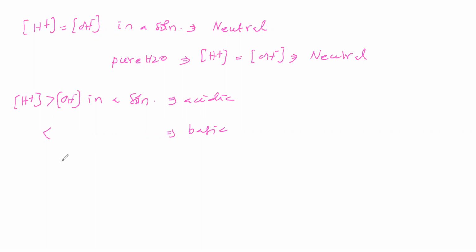So whatever the temperature, to decide whether the solution is acidic, basic or neutral, we have to compare the concentration of H plus and OH minus. If they are equal, then neutral. If H plus is high, then it is acidic. If H plus is low, then it is basic.